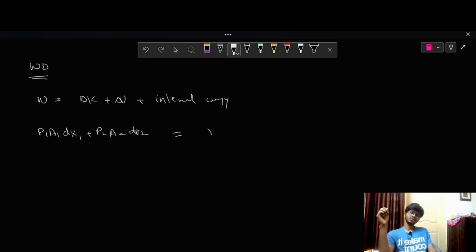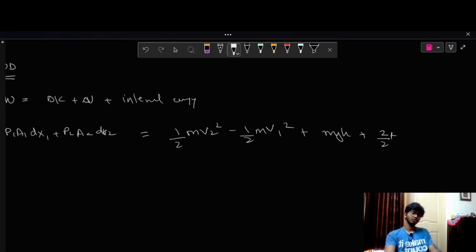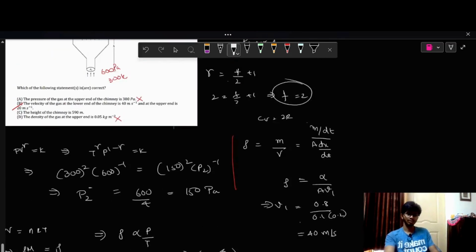That is equal to half m v2 squared minus half m v1 squared plus mgh plus the change in internal energy, which is f by 2 R into T2 minus T1, so this is just 2R.